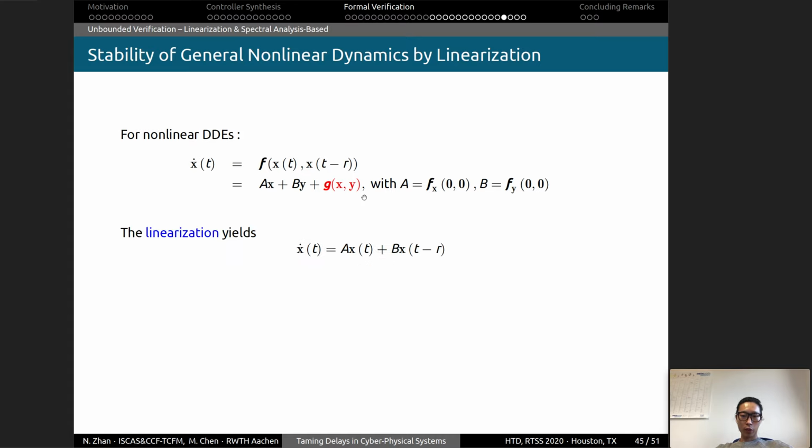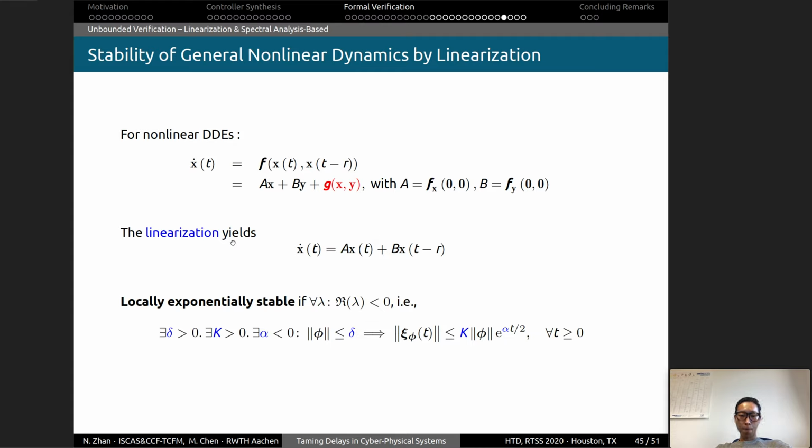What we can do is first drop this higher order term, and then it ends up in a linear equation, what we call the linearization. And then for that, again, if the eigenvalues of this system all have a negative real part, now the original system is locally exponentially stable. So formally, it is written this way.